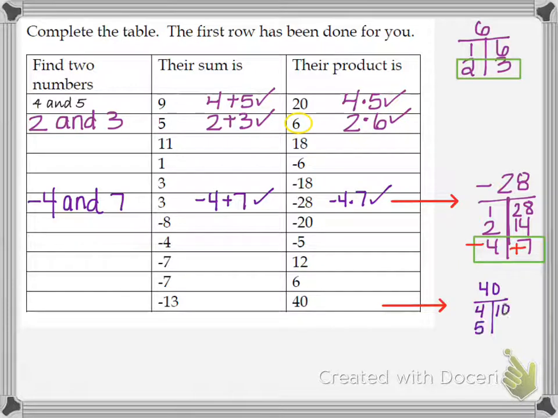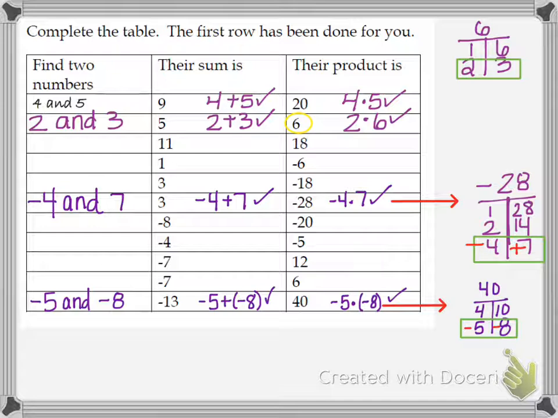Okay, so let's put 4 and 10. Aha, let's put 5 and 8. So if I make them both negative, they will multiply to a positive 40, but they will add up to a negative 13. So I want negative 5 and negative 8, because negative 5 plus negative 8 is negative 13, but negative 5 times negative 8 is positive 40.